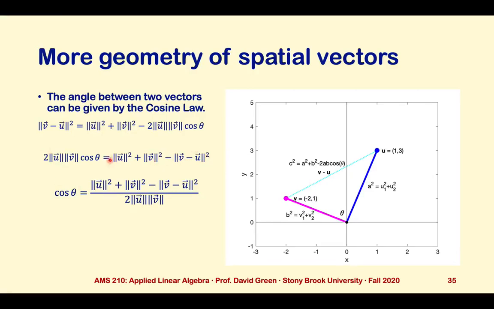And then the final step of dividing both sides by 2 times the norm of u times the norm of v gives us an expression for the cosine of theta.